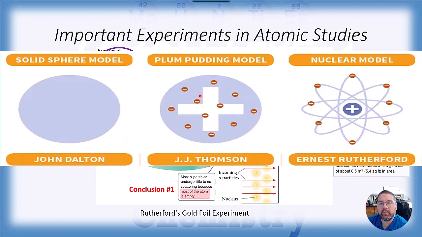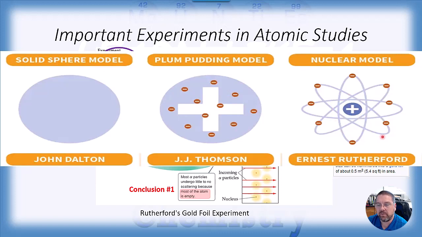Then with Thomson's discovery of the electron and the development of the plum pudding model, we had small negative electrons, but a large diffuse area of positive charge that took up the rest of the volume of the atom. Rutherford's model gets us closer to our modern understanding. Still not perfect, but it's a lot closer, with the positive charge concentrated in that central region.